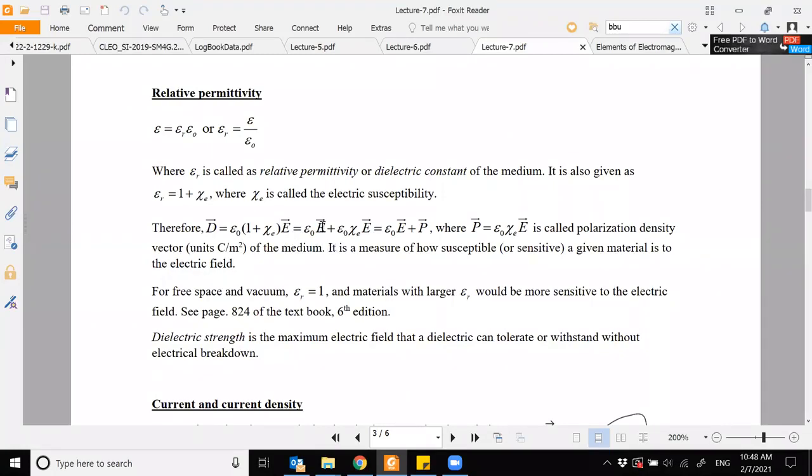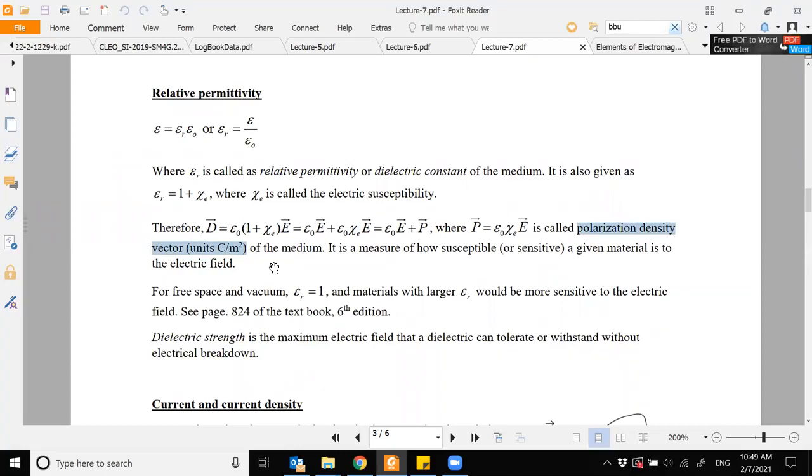It is epsilon naught E bar plus epsilon naught chi e E bar. This epsilon naught E bar is as it is. This epsilon naught chi e E bar we name as P bar, and it is called the polarization density vector.